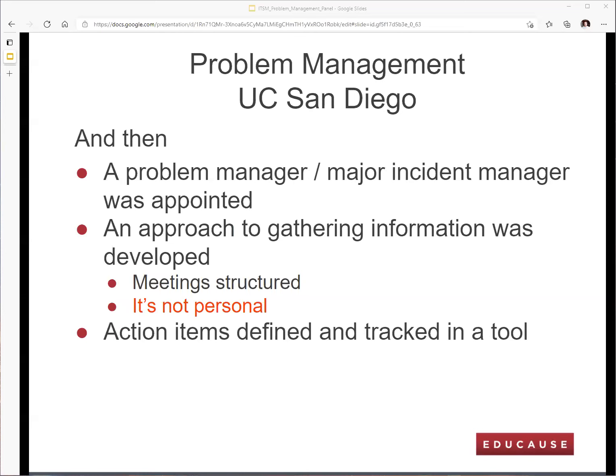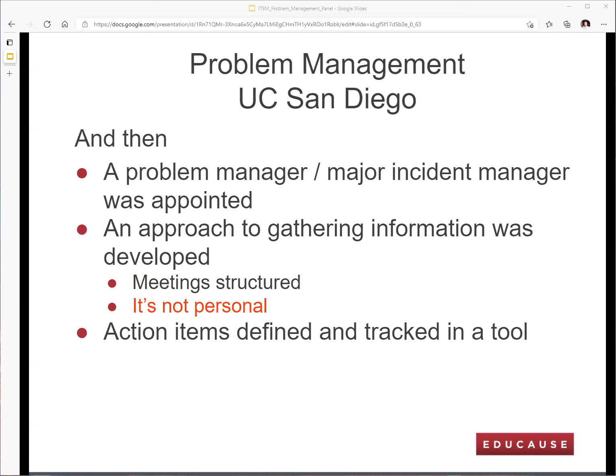It doesn't happen that way, even though people like to think that you just put a flow out there and say go and everything should be fine. Not true. It won't work. You need people who are responsible for making sure the process works. So we ended up with a problem manager and a major incident manager to oversee those processes. And those were the big ones.